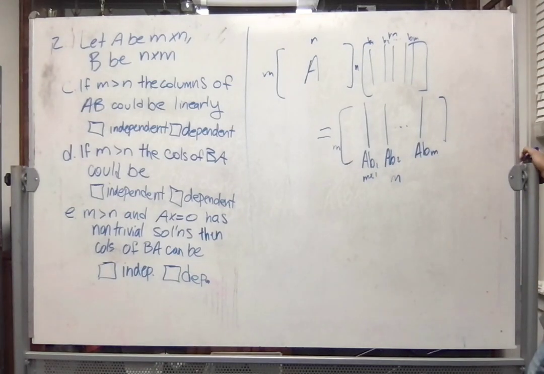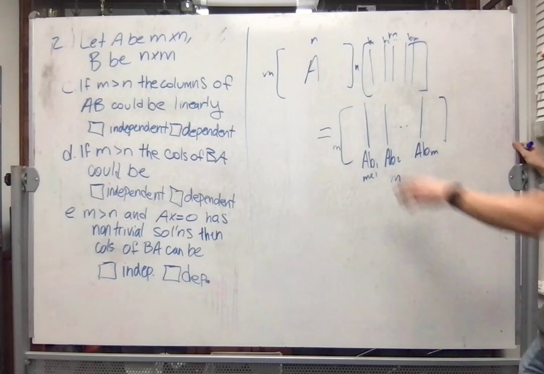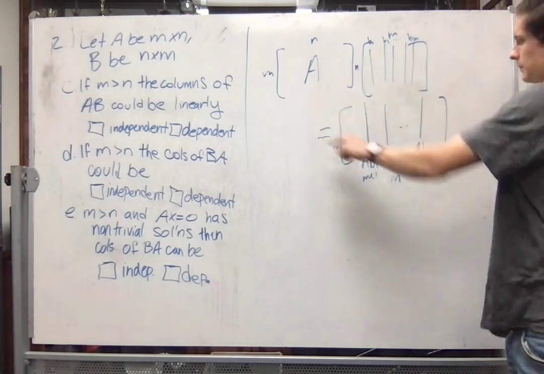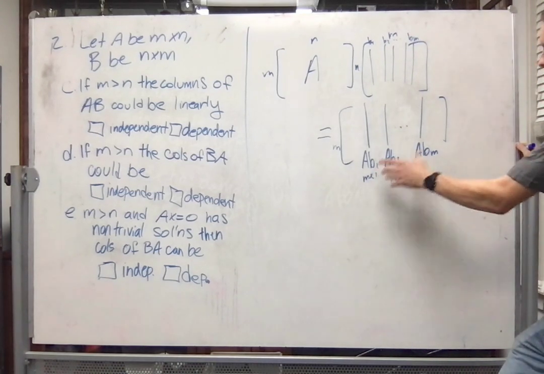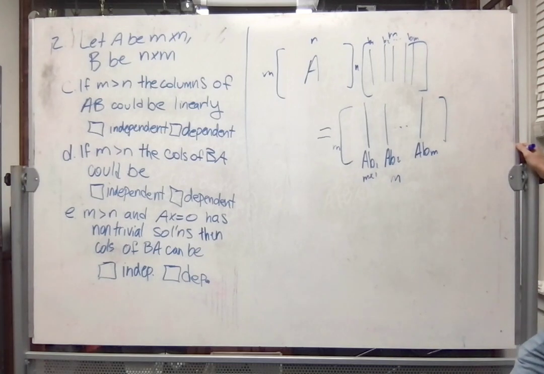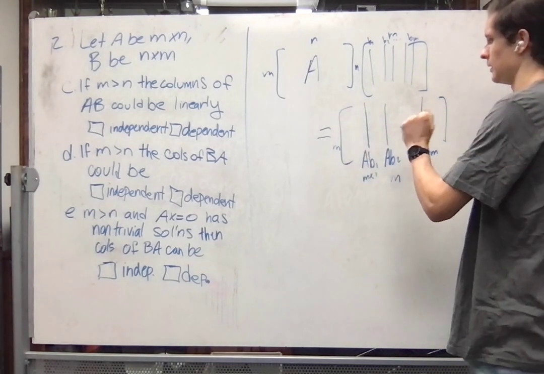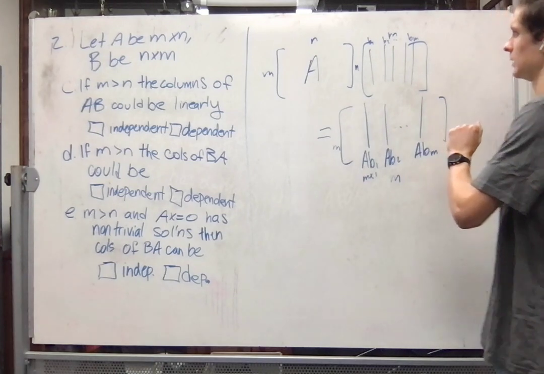So why is this going to be helpful? I want to think about the columns of AB, this matrix right here. I want to think about the independence and dependence of these columns. And the way I'm going to do that is if I think about m being greater than n.